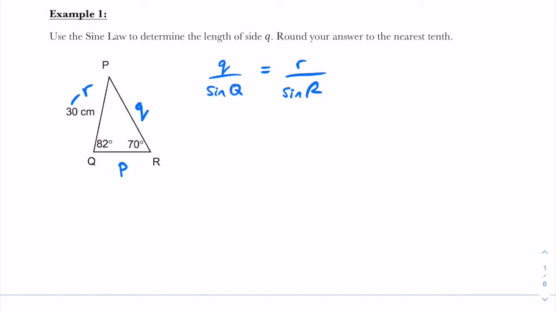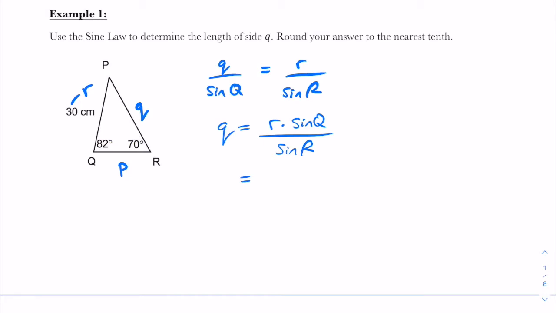Since we want to isolate for side Q, let's just multiply both sides of the equation by sine Q, like this. Okay, and now that we've done that, we've isolated for Q, we just substitute and we're done.